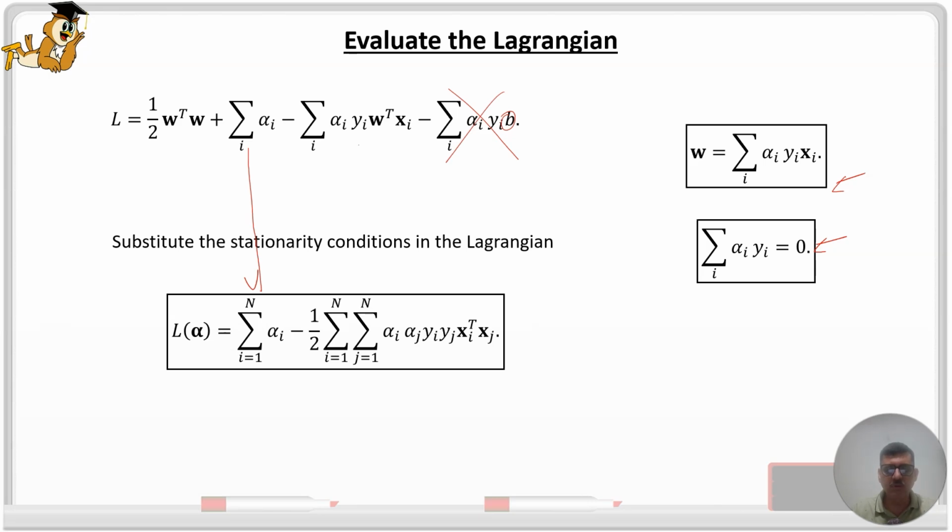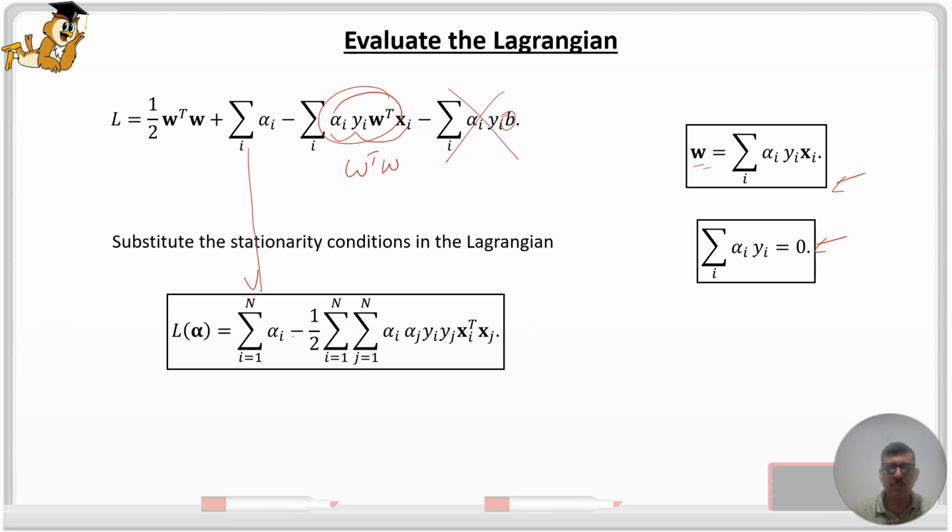What remains are these two terms. Now notice that w equal to summation alpha i yi xi, right? So if I substitute W in place of summation over i of alpha i yi xi, this essentially becomes W transpose W. So you have a minus W transpose W and you have a plus half of W transpose W, which leaves you with a minus half of W transpose W, right?